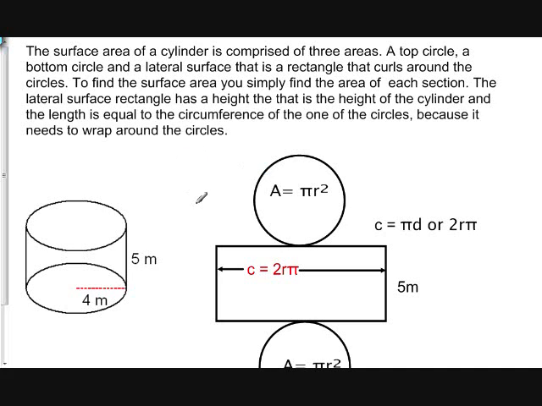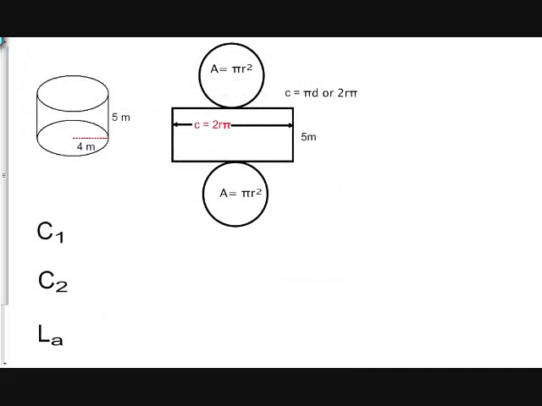So in order to find this area, you're just going to find the area of each one of these circles and then find the area of this rectangle, whose 2 dimensions are 5 and the circumference of the circle. So first we'll find the area of the circle.